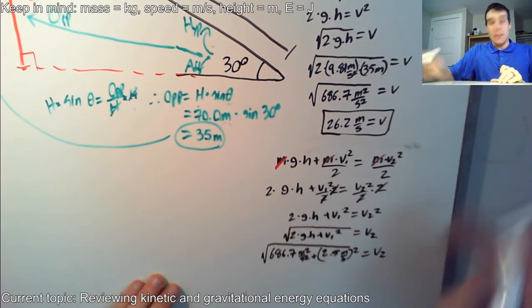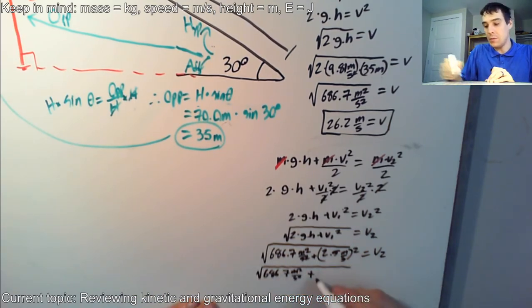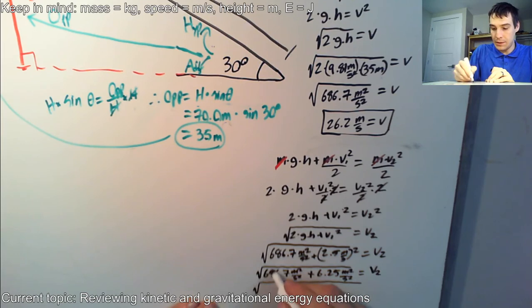And what we're going to get is the square root of 686.7 meters squared per second squared plus 2.5 squared, which is 6.25 meters squared per second squared, equals v2. It'll be the square root of 686.7 plus 6.25, which is 692.95 meters squared per second squared.